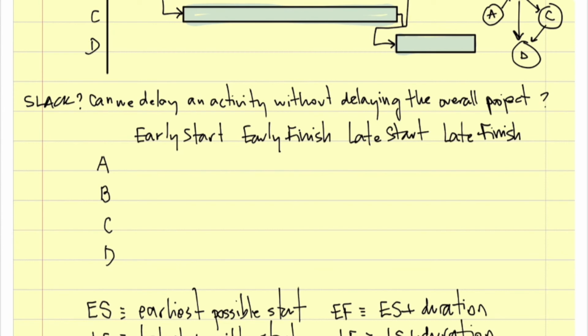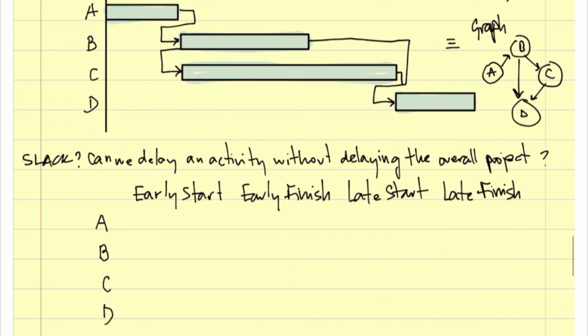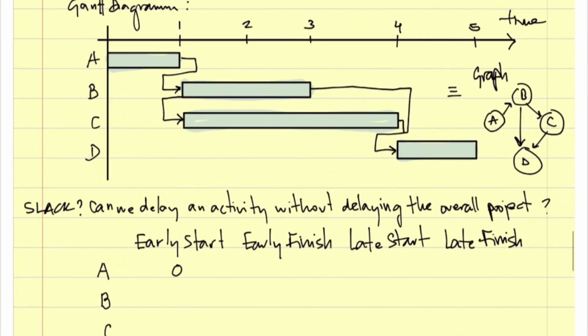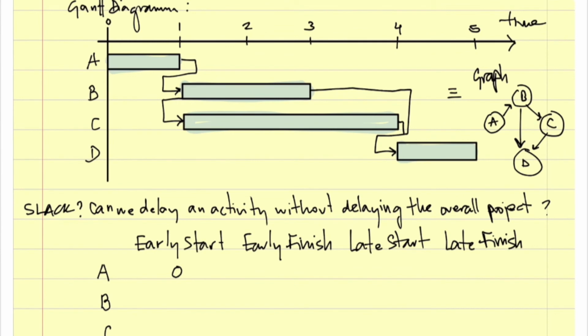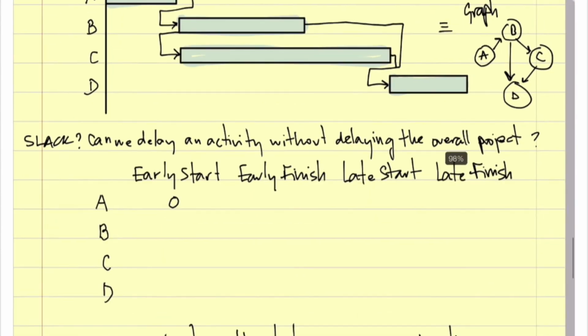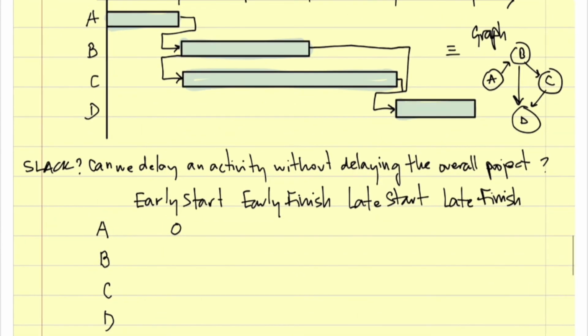So what is the early start for A? The time 0, because it cannot start earlier. Okay. The early finish is time 0 plus the duration. The duration is 1 week. Okay. Can I delay A? Can we delay A without delaying the overall project? Make sure you understand this correctly.